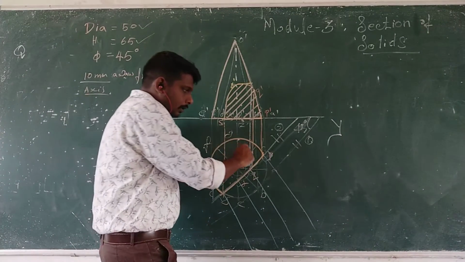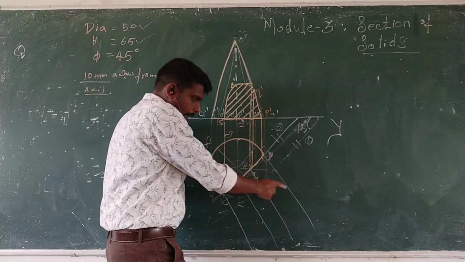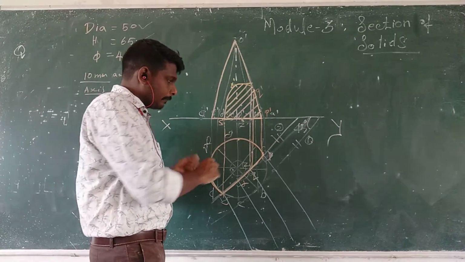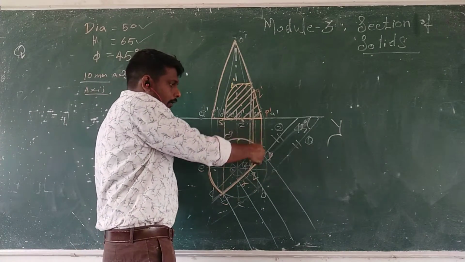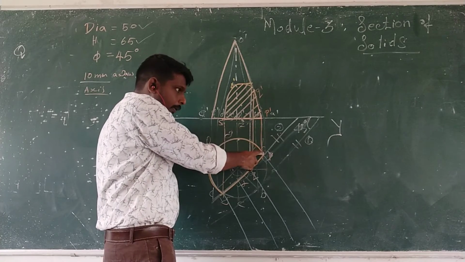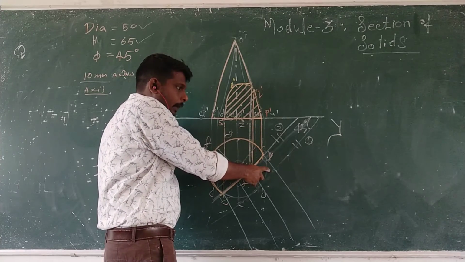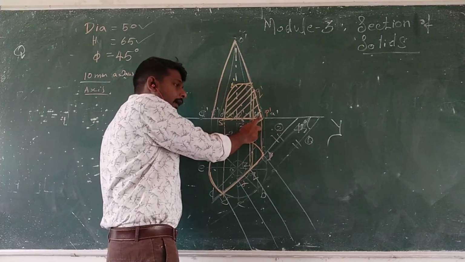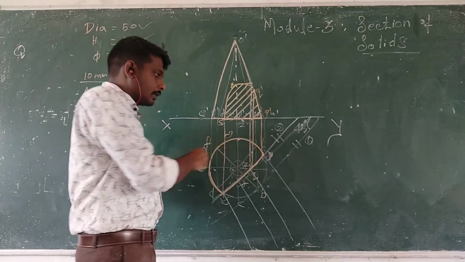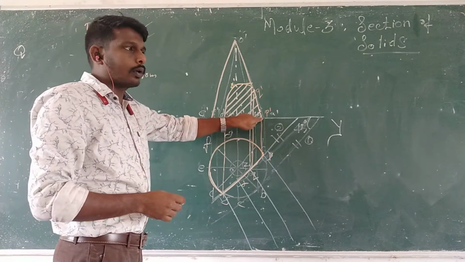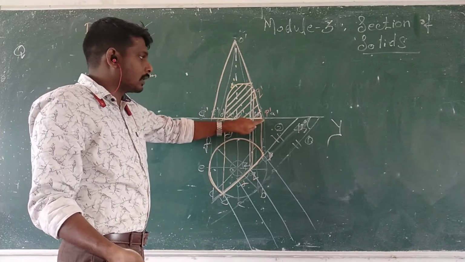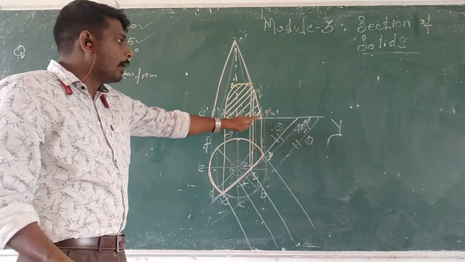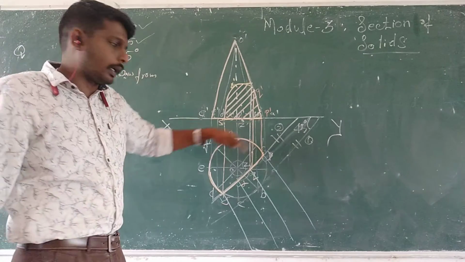Then listen, the actual points can be found out like this. For capital P, the true shape is found by the distance from XY line to that P dash. Here it is 0, because the distance from XY line to P dash is 0, because the point itself is on the XY line.